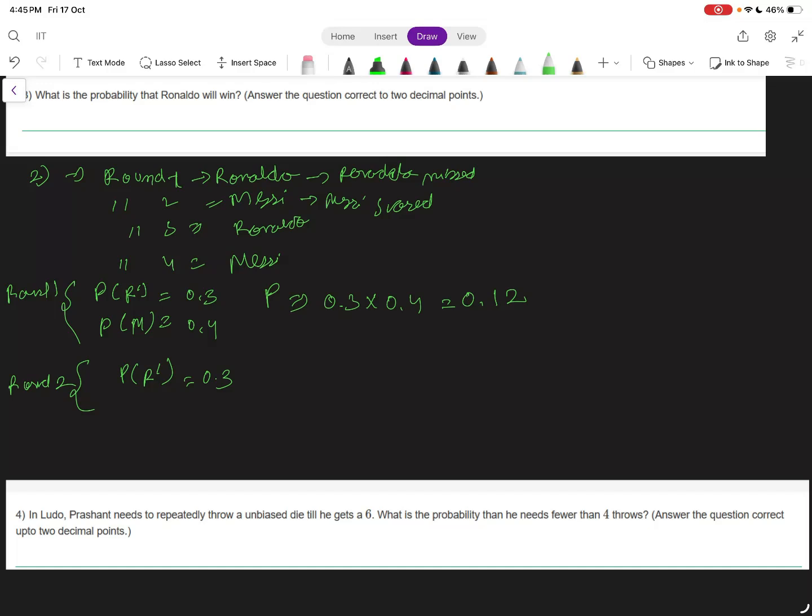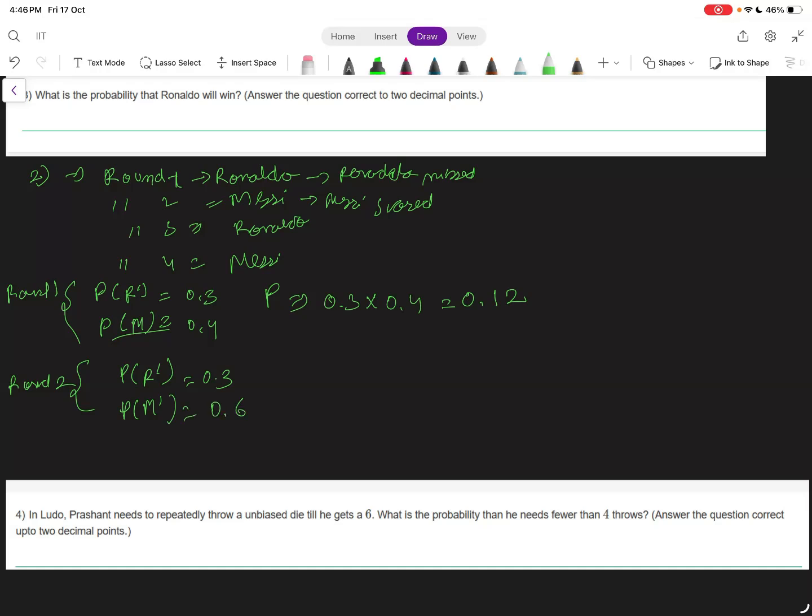In the first round, Ronaldo missed, but Messi also missed, because if Messi wouldn't have missed the shot, he would have won the match. But we are going into round two, which means both have to lose. So Ronaldo missed, but Messi also missed. If Messi missed, the probability is 0.6.